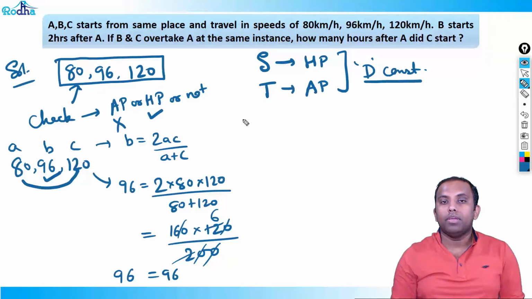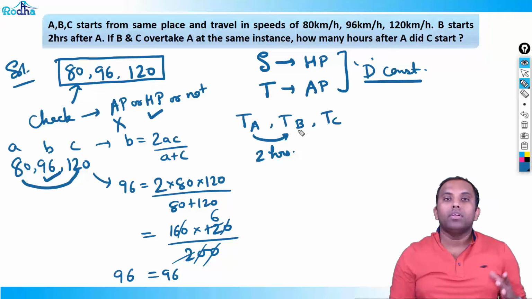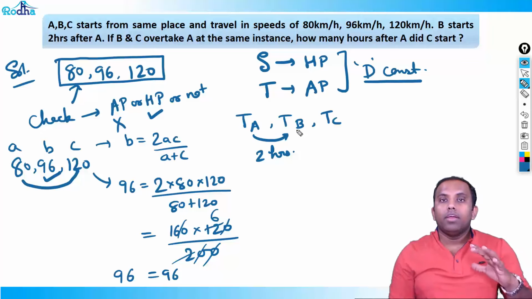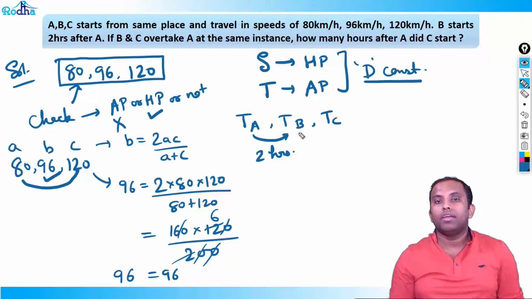Therefore, time is in AP, so the time intervals between A, B and C are in AP. B starts 2 hours after A. In an AP the common difference is the same, the difference between any two consecutive terms is the same. So it is 2 hours.